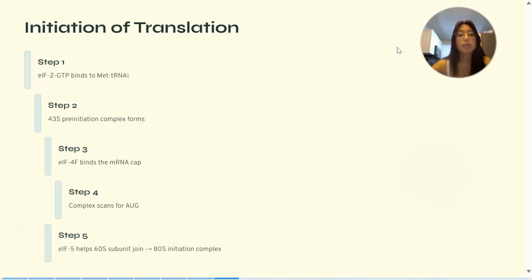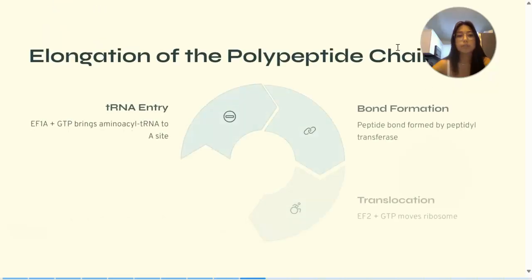This complex then binds to the 5' end of the mRNA, facilitated by the eIF4F complex, and scans the mRNA in the 5' to 3' direction to locate the start codon, AUG. Once the AUG codon is recognized, the large ribosomal subunit 60S joins to form the 80S initiation complex, positioning the initiator tRNA in the P site and marking the start of elongation.